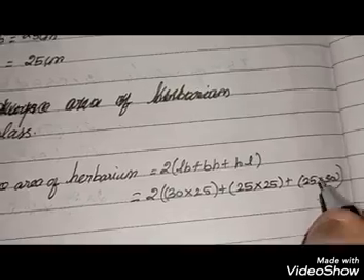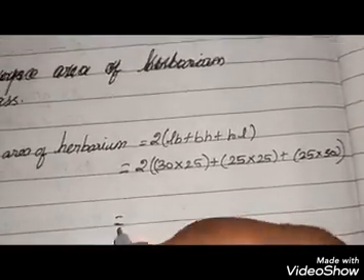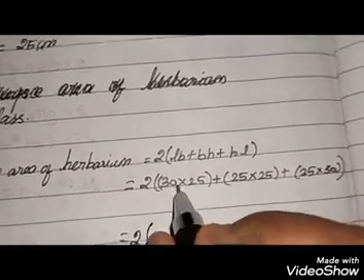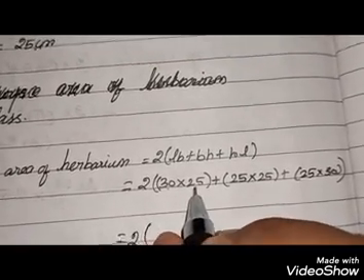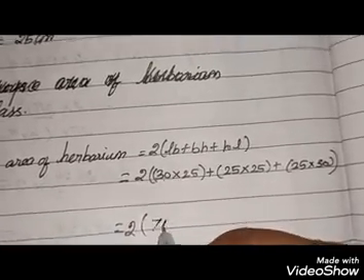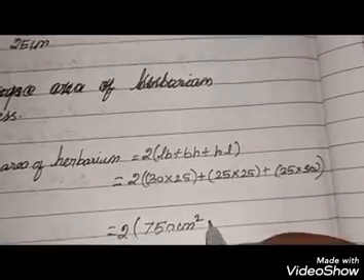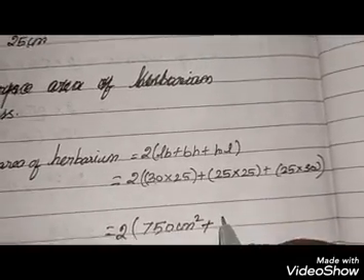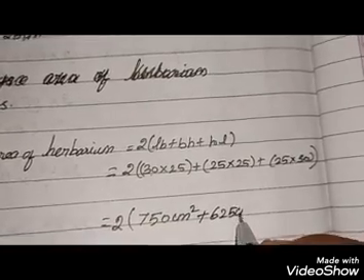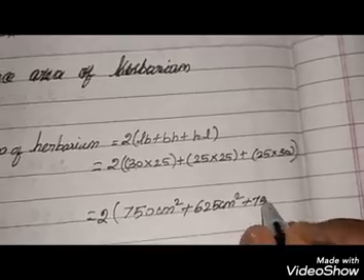Now you have to multiply the values. 30 into 25, how much? It should be 750. 750 centimeter square. 25 into 25 is 625 centimeter square. Again the value is 750 centimeter square.